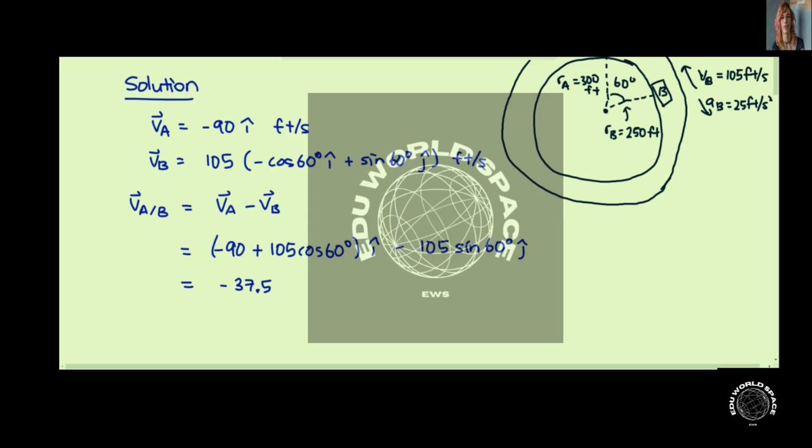You get negative 37.5 i hat minus 90.9 j hat feet per second.